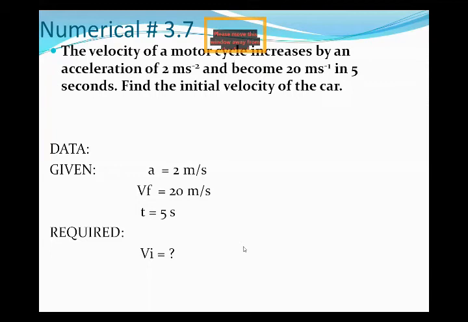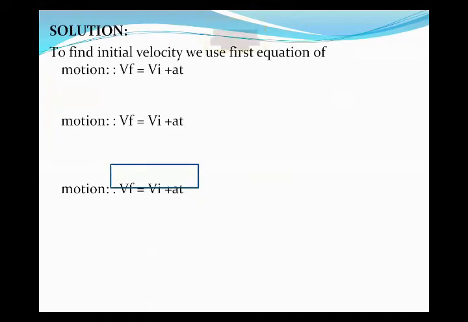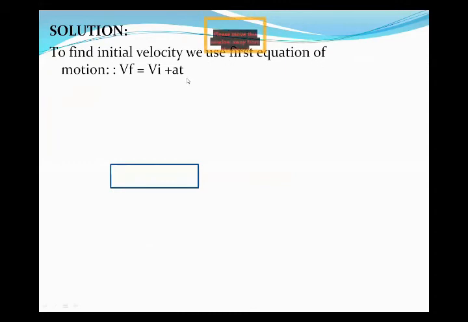Now, next we have to write the solution. In the solution, first we have to find the initial velocity. For finding the initial velocity, we will apply the first equation of motion. The first equation of motion is Vf is equal to Vi plus At.